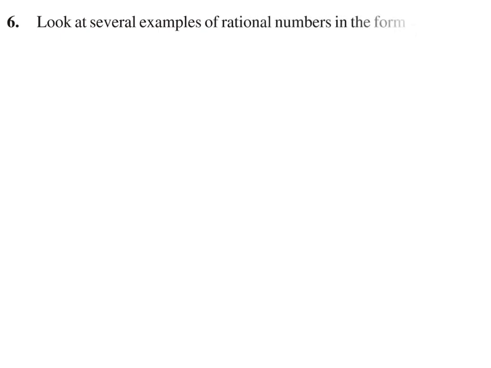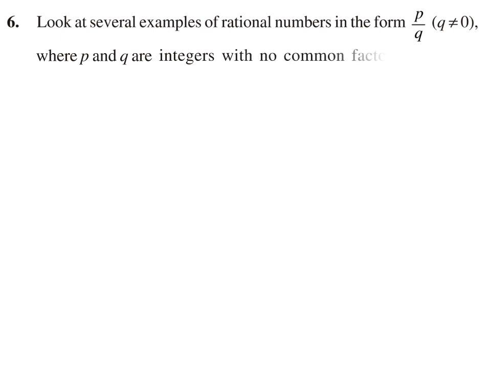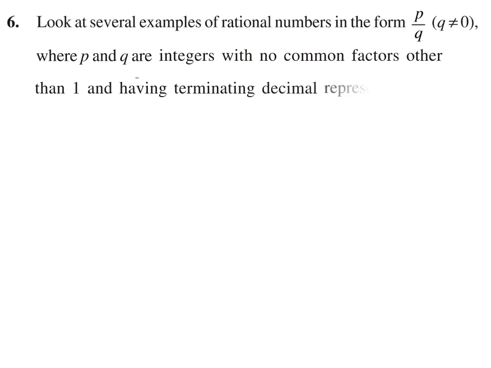The next question is the sixth one. Write several examples of a rational number in the form p by q, where q is not equal to 0, where p and q are integers with no common factors other than 1 and having a terminating decimal expansion.